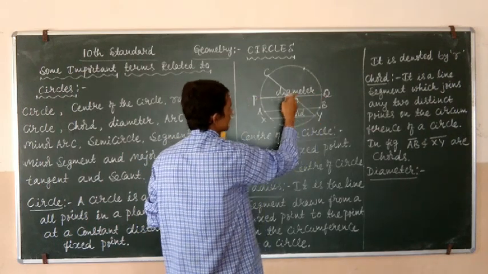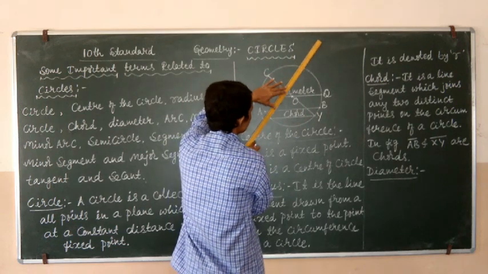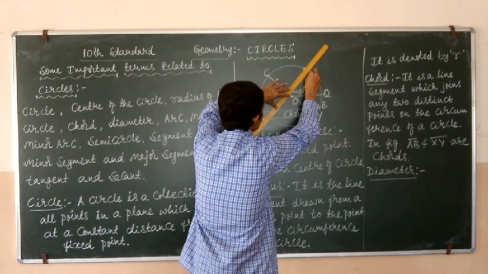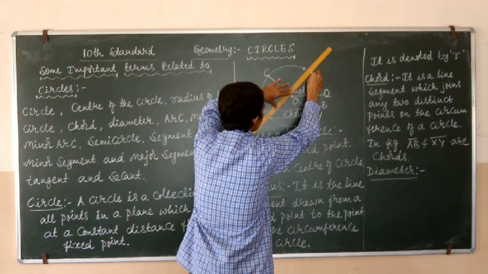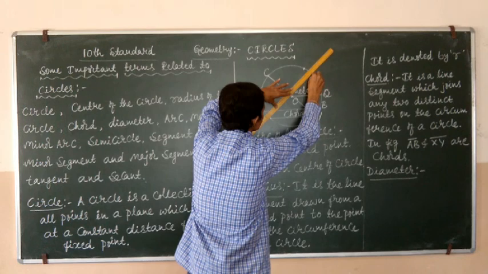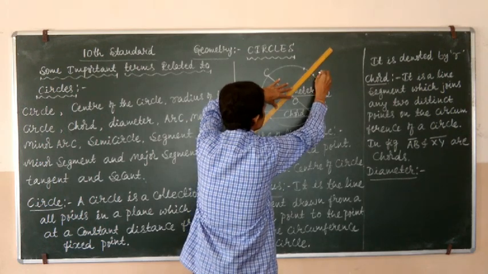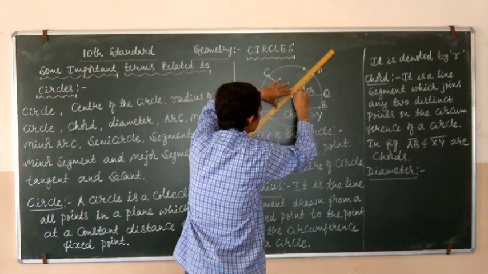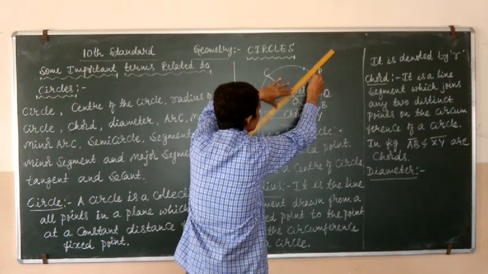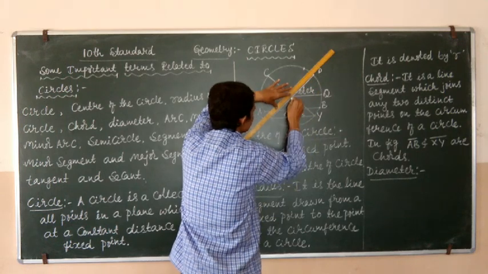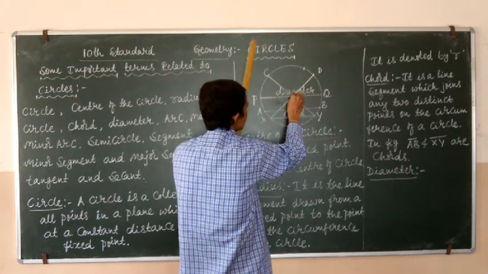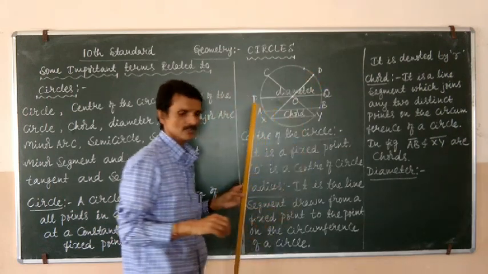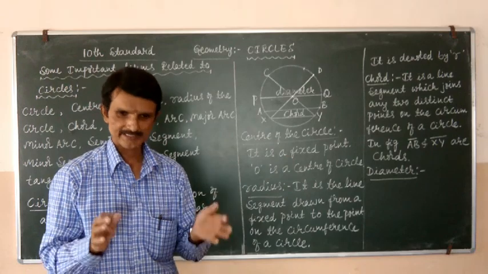Similarly, EQ is a diameter. Similarly, if you join X and a point named D, this is also a chord which passes through the center of the circle. DX or XD is also called a diameter.